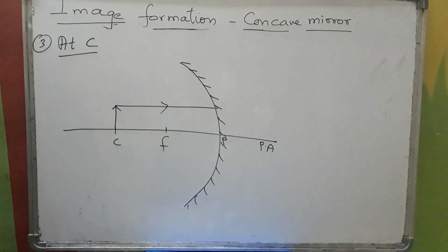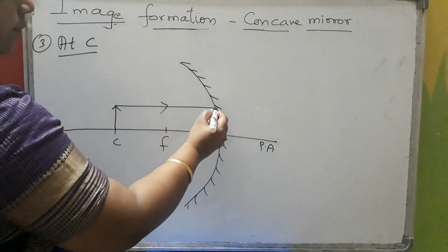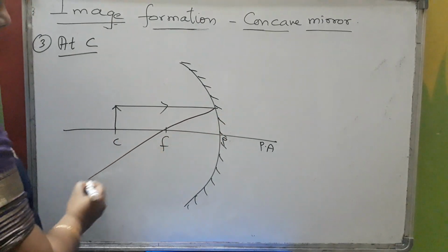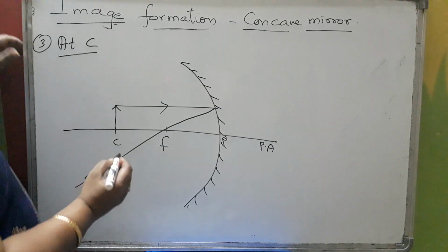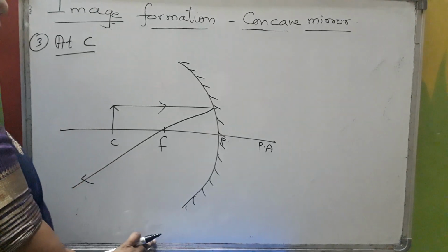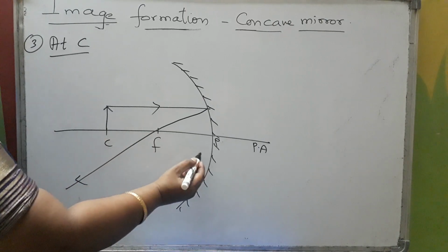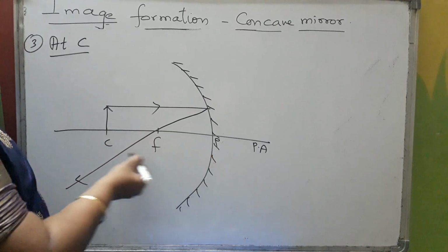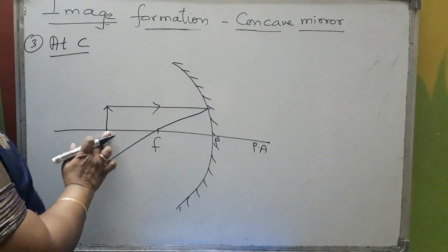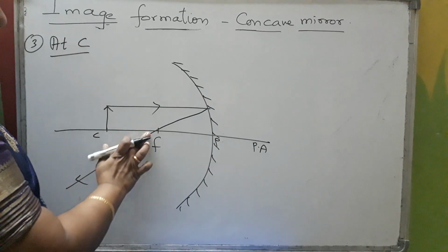As per the rule, it has to pass through focus. The second ray, I am going to pass it through F. If I pass it through F, the reflected ray will move parallel to the principal axis.